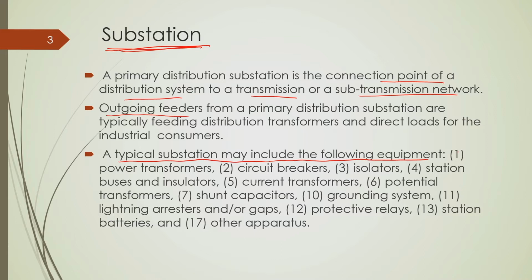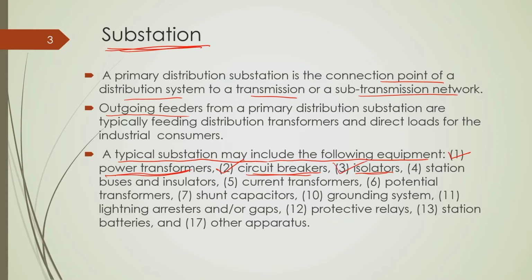So, a substation consists of different electrical apparatus, which include the power transformer, which is the major stakeholder of a substation. Then circuit breakers, which are basically like switches that can operate during loading conditions and can also interrupt during faulty conditions.